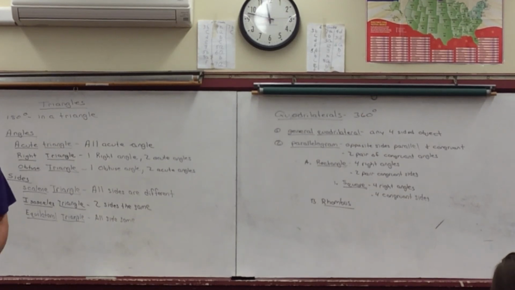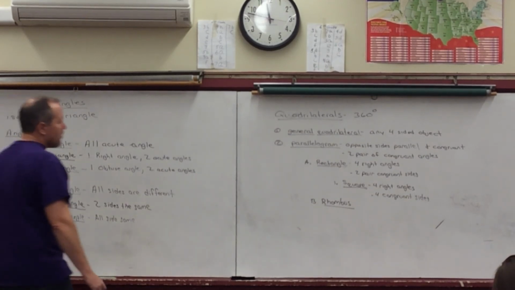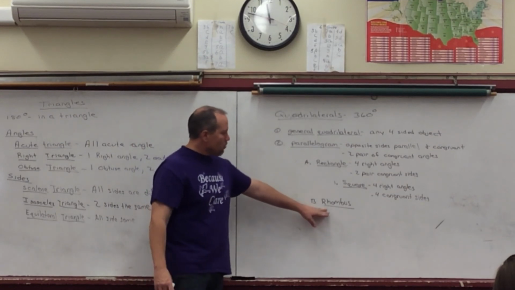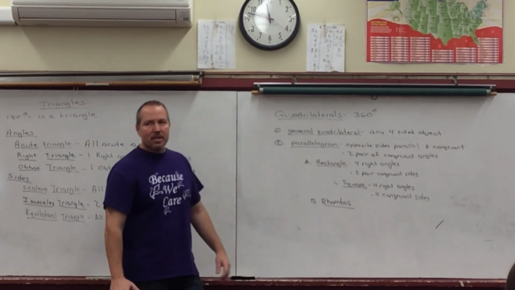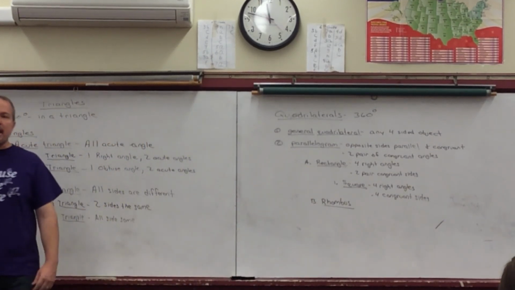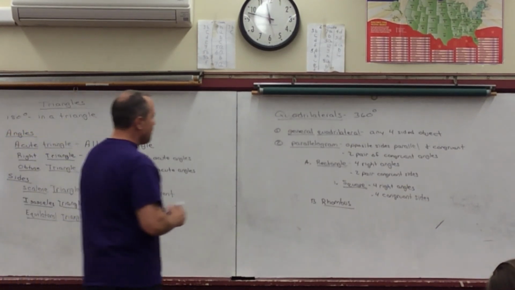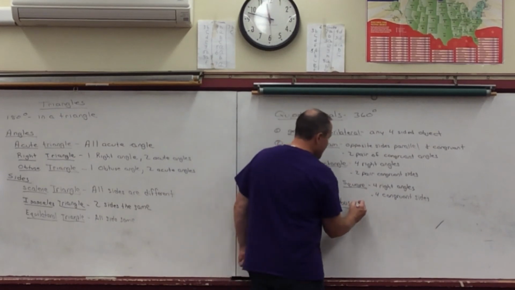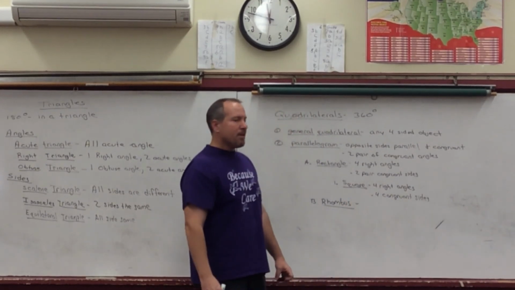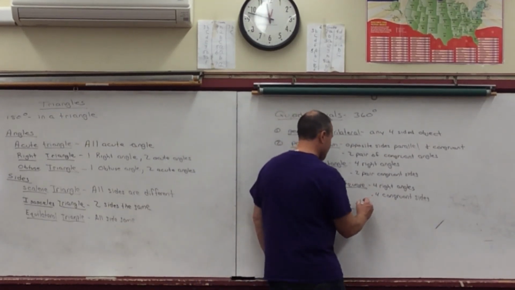Rhombus. Okay? Now, I indent the word rhombus from parallelogram because a rhombus is a parallelogram, but it is a special kind of parallelogram. First of all, it is a parallelogram because opposite sides are parallel.